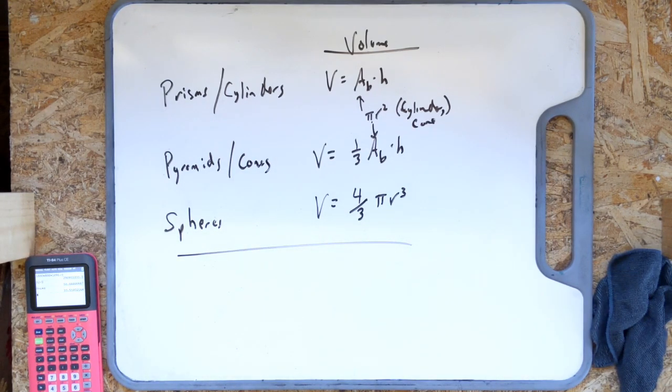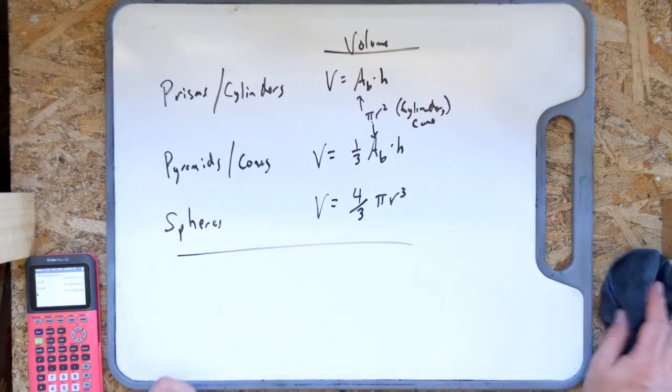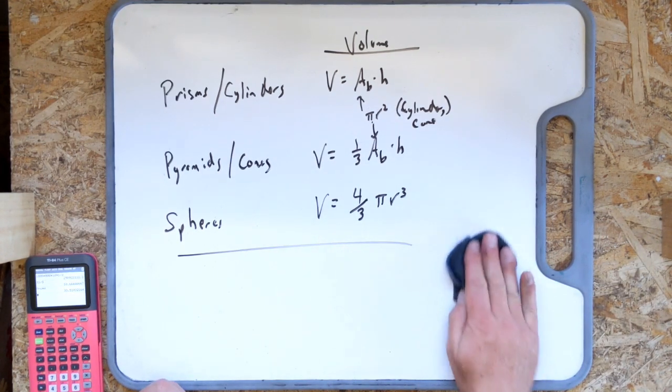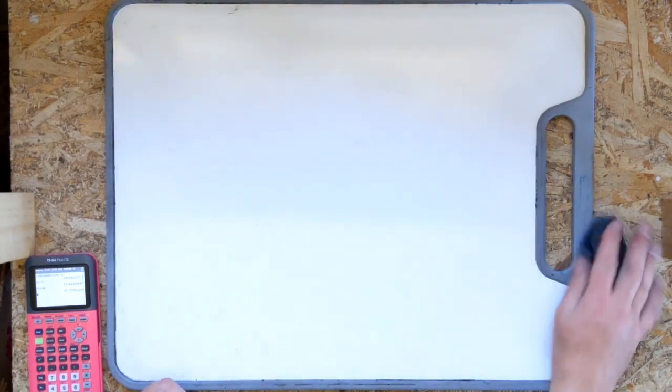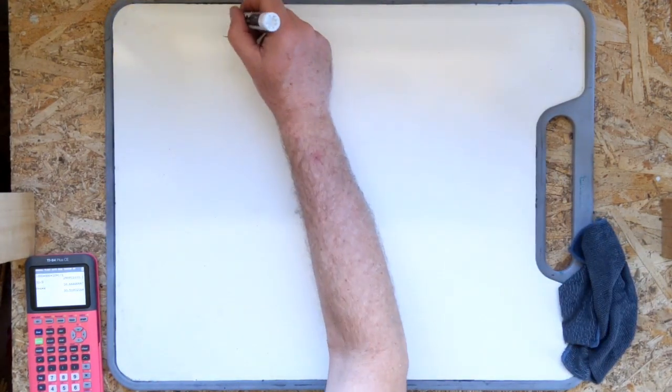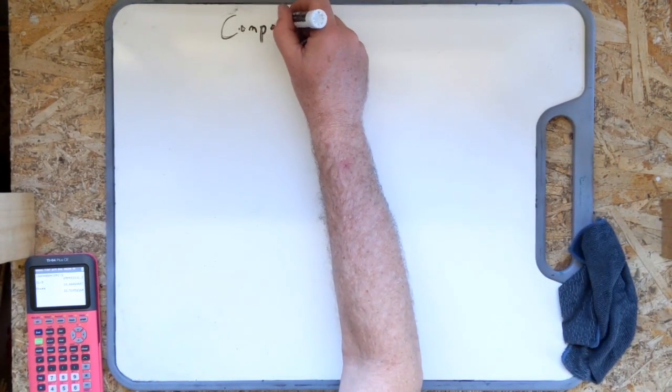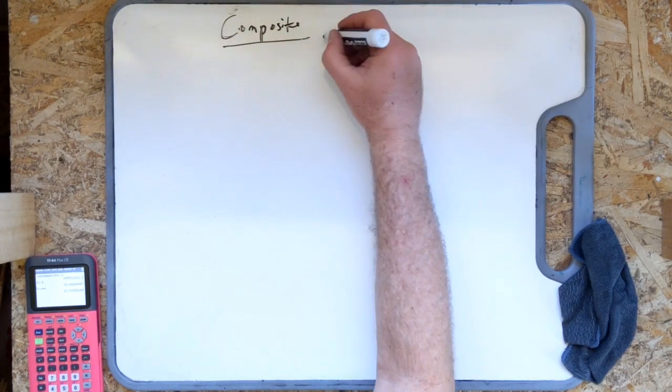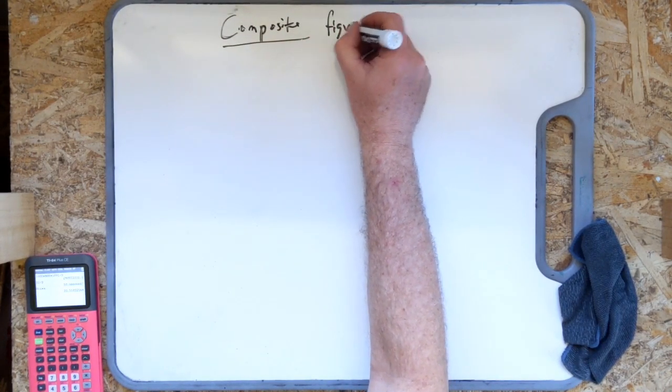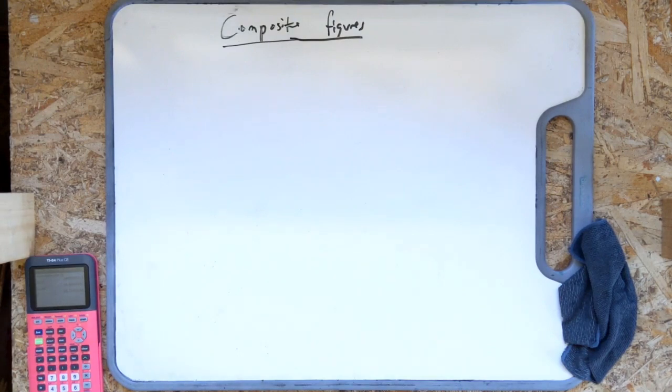Okay, I'm going to do a couple of problems just of composite figures. And this is figures put together. I'm going to start with an actual ice cream cone. So I'm going to erase this. These are called composite figures, and you'll see why in a second. Composite just means putting together.